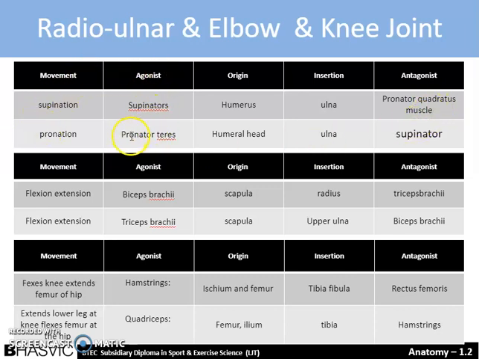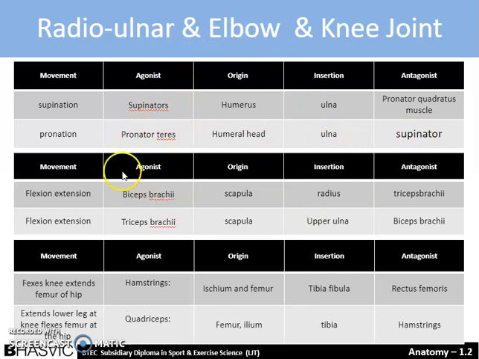Now moving on to the pronator teres, the movement is the pronation of the radio-ulnar segment. The origin is the humeral head, so further up than the regular humerus that the supinator originates from. The insertion is also the ulna, with the supinator as the antagonist. Notice that these are connected.